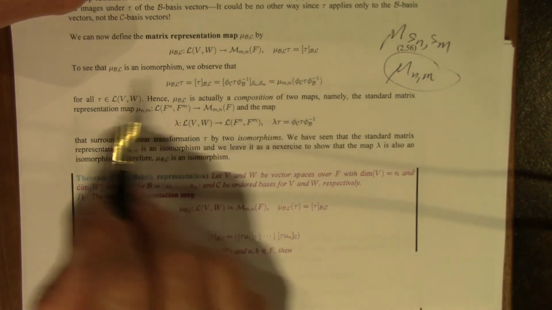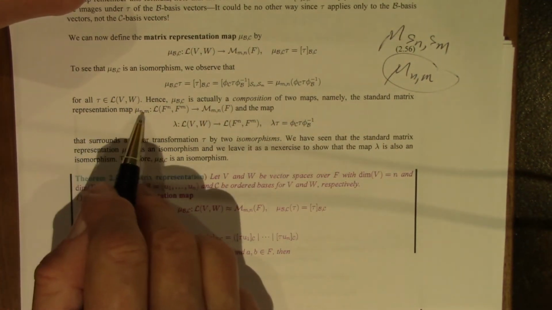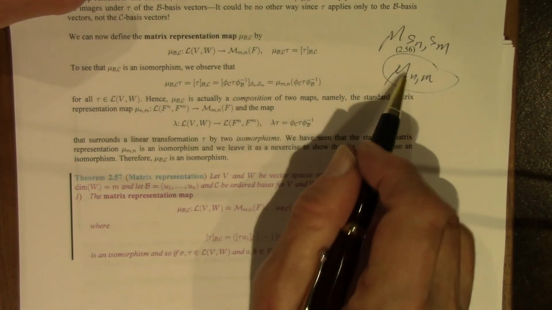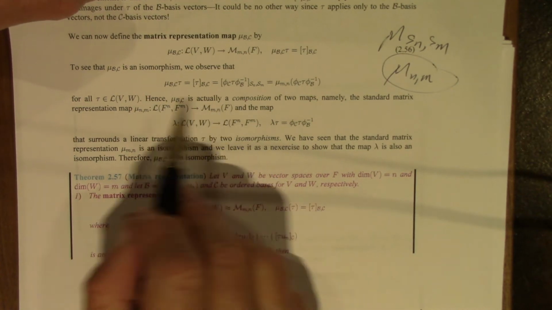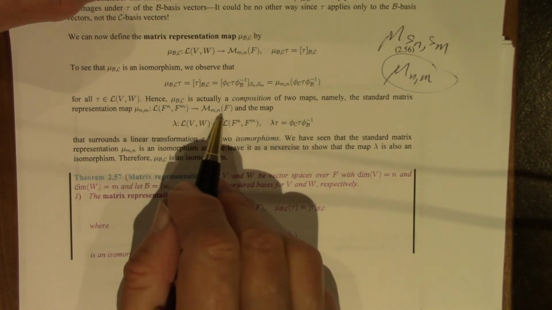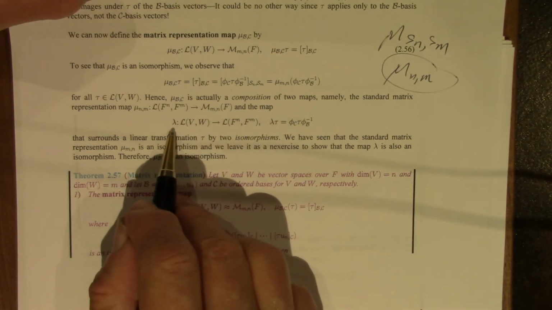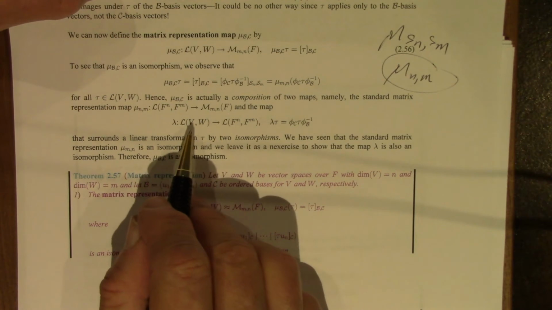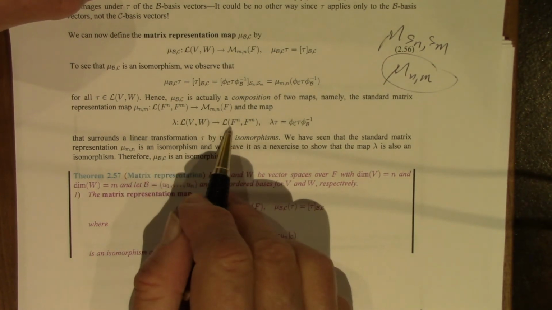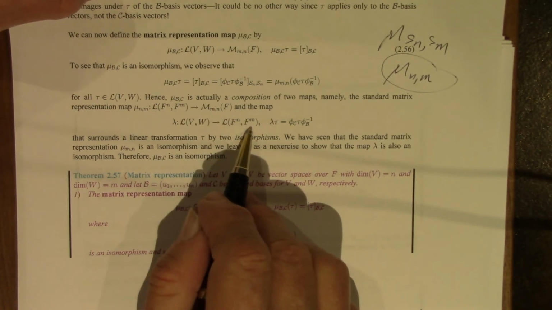The standard matrix representation map, mu sub Nm, that I've been discussing here, that takes linear maps from Fn to Fm to matrices, and this map that I call lambda, that maps a linear transformation from V to W to a linear transformation from Fn to Fm.